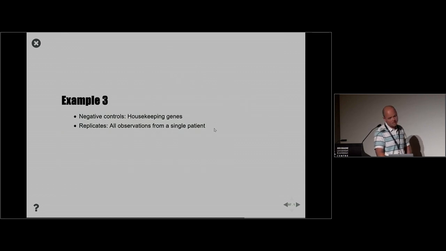Okay, so here comes example 3. I'm going to do basically what I just did, except now as negative controls I'm going to use housekeeping genes. And as replicates, I'm going to use all observations from a single patient.